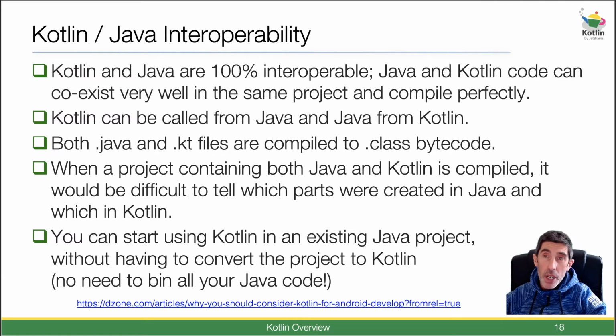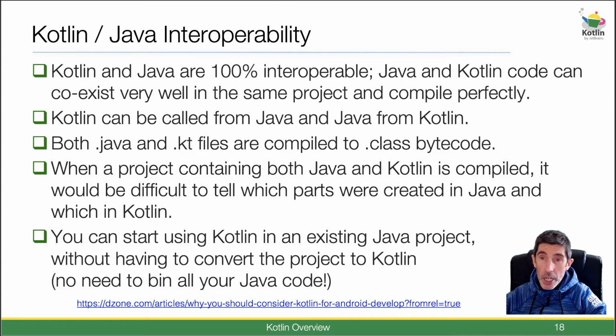You could have a Java class that already exists, maybe from a previous project, and bring that into your Kotlin application, instantiate it, use it, and call the methods as is, no issues, no problems. The next one there: both .java and .kt files are compiled to .class bytecode, which we've already talked about.